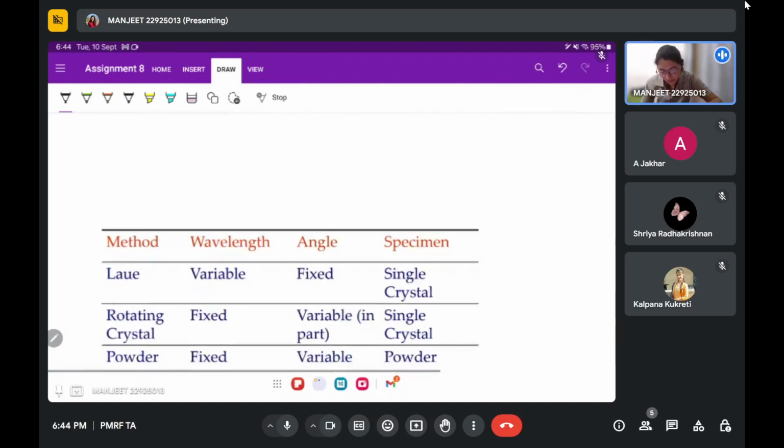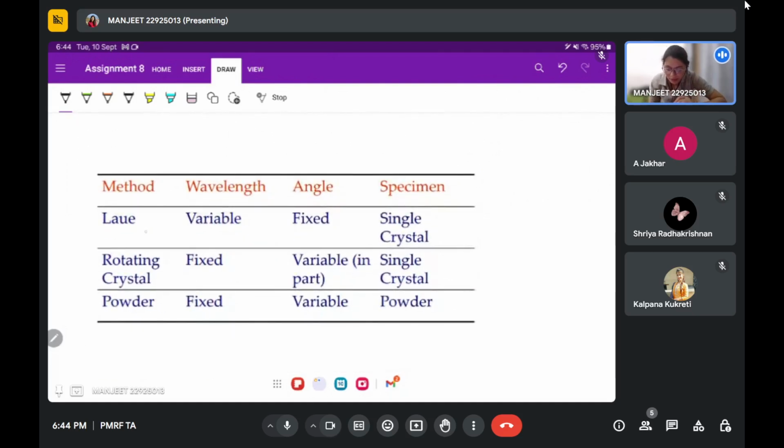You can see from here, if this is the Laue method, then your wavelength is variable, varying over a range of wavelengths, and the incident angle is fixed, and single crystals are examined by this method. In the rotating crystal method, the wavelength is fixed but the crystal is rotating, so the angle is variable, and single crystals are also examined by this method.